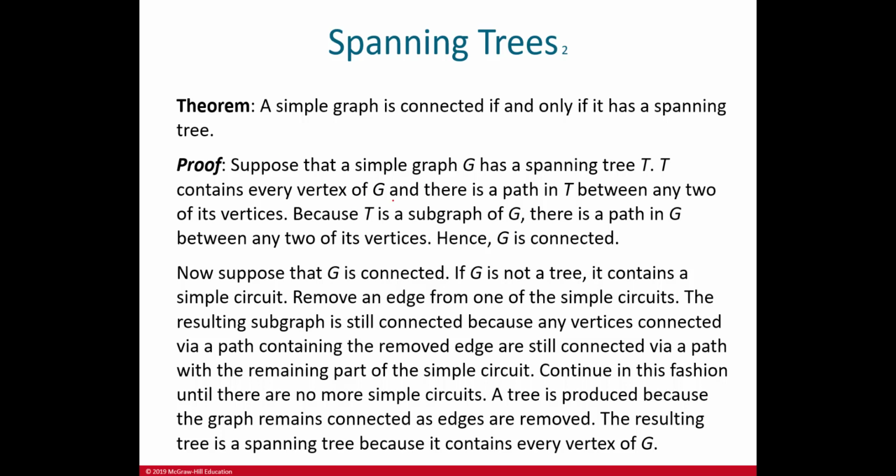Suppose G is a connected graph but not a tree, so it contains a simple cycle or circuit. If we remove one edge from that simple circuit, the resulting subgraph is still connected, because all the other vertices can still go from one vertex to another.